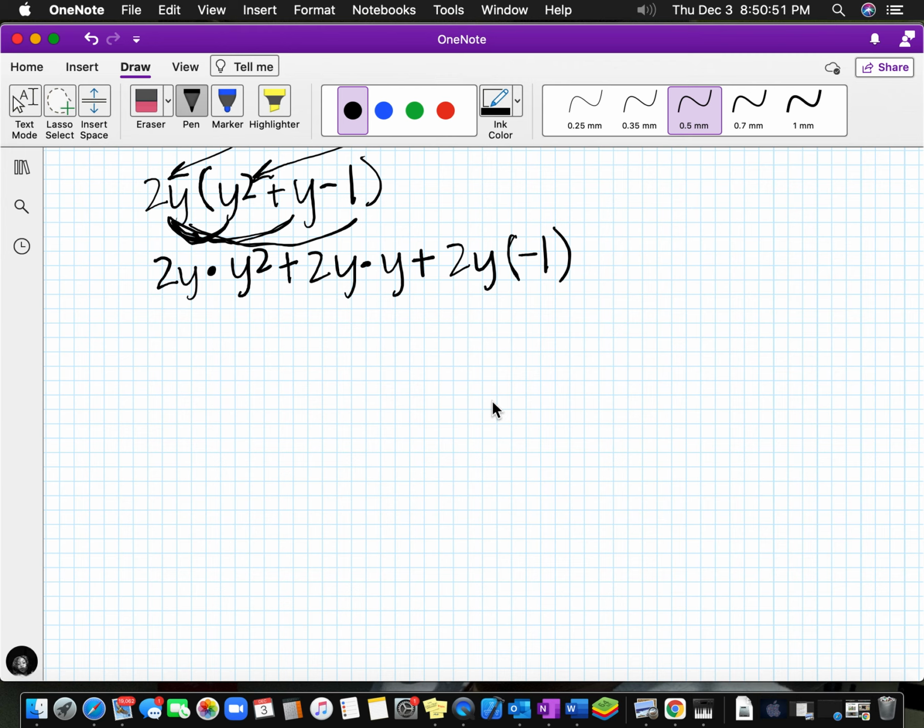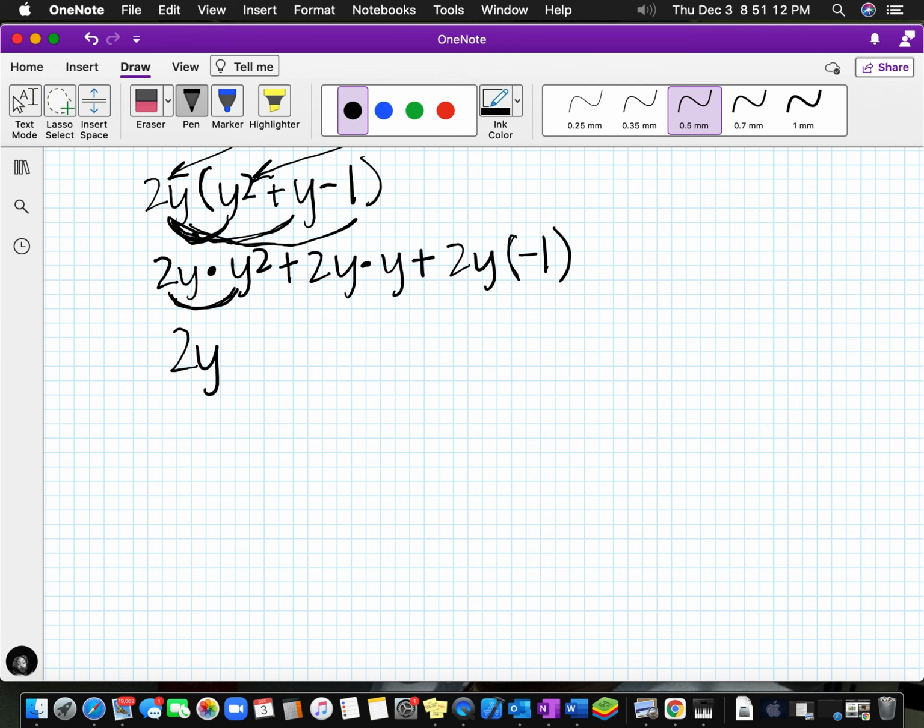Next, we can multiply these two together. That would bring 2y. Now, product of powers is when the exponents add, subtract, multiply, or divide together.